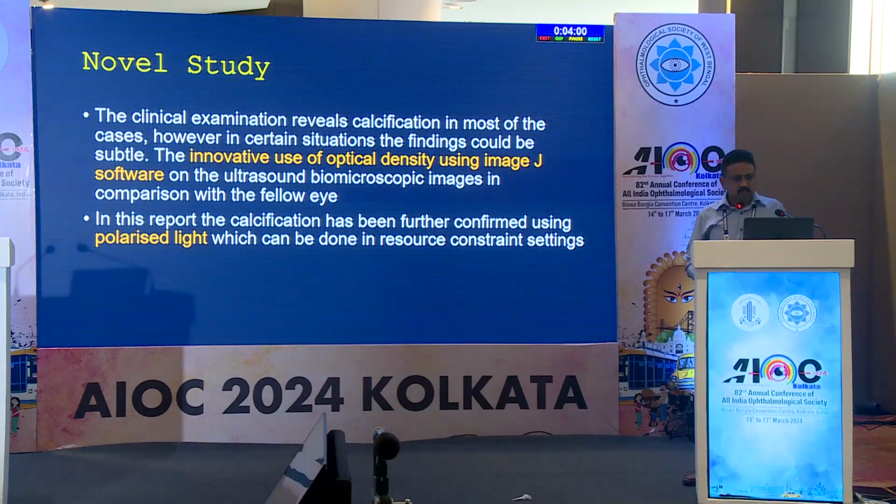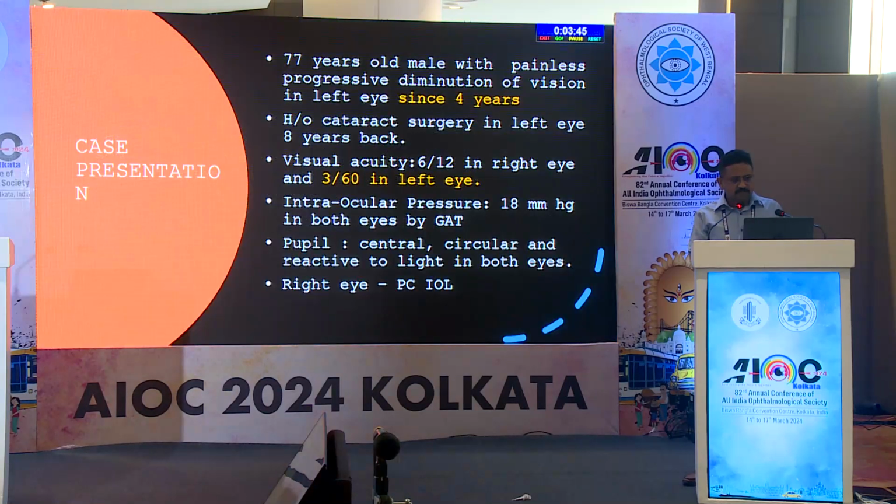In this, we studied the calcification in vivo using innovative use of optical density on ImageJ software on the ultrasound UBM images, and also use of polarized light microscopy, which was available with us. This case was a 77-year-old male.